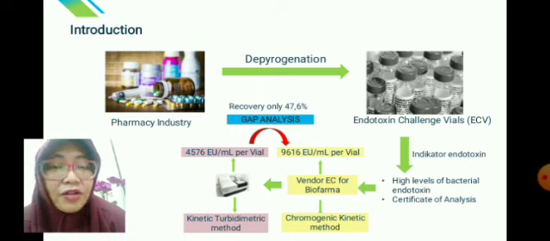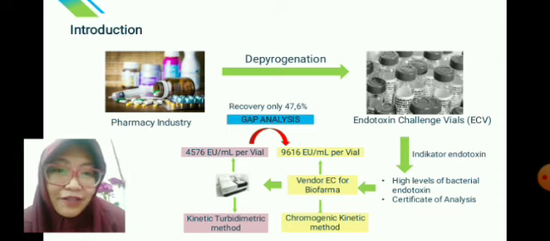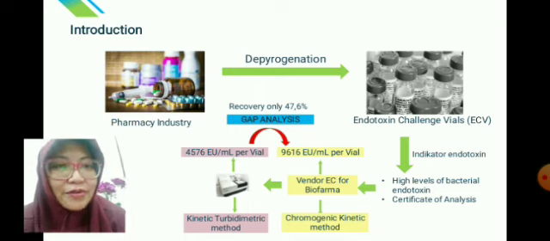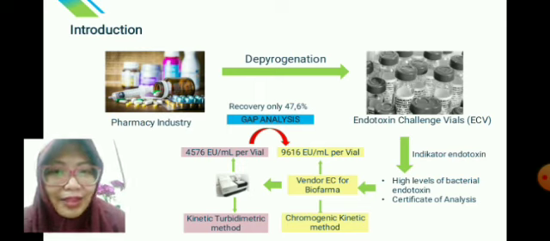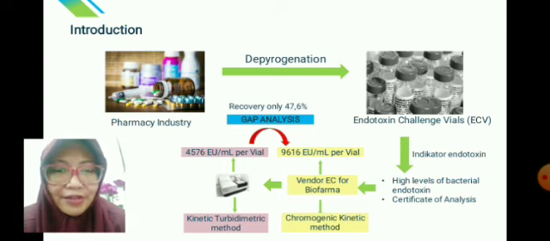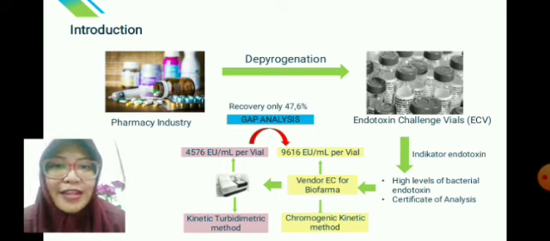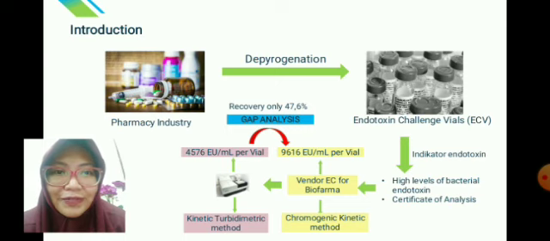For commercial purposes, this ECV must have a certificate of analysis, produced by the vendor of the ECV. But interestingly, sometimes vendor and user use different methods to analyze the endotoxin concentration.